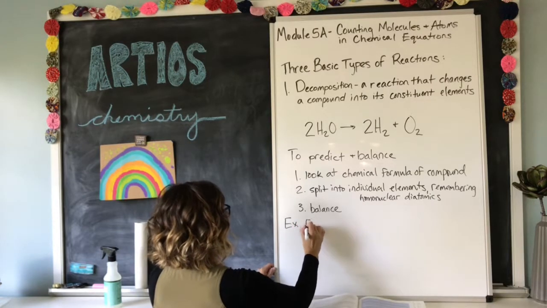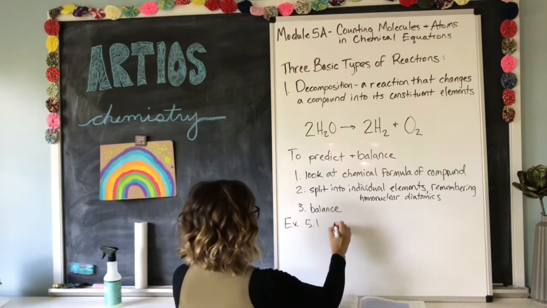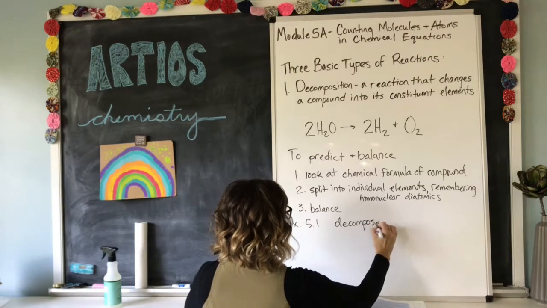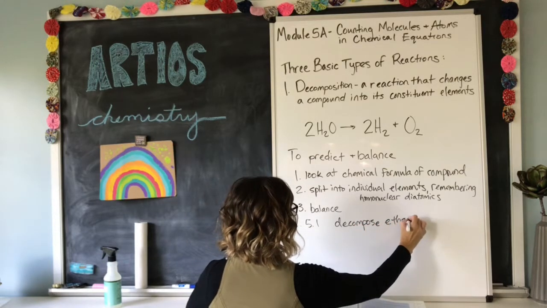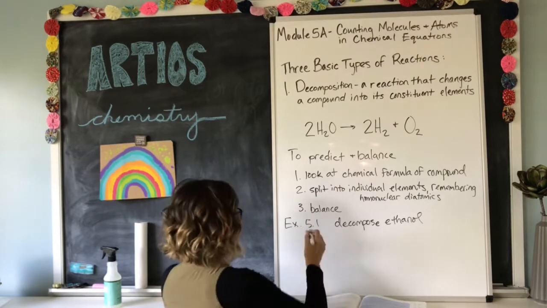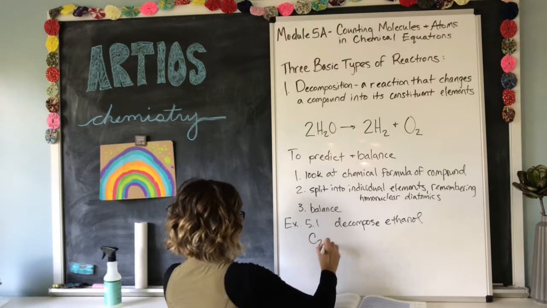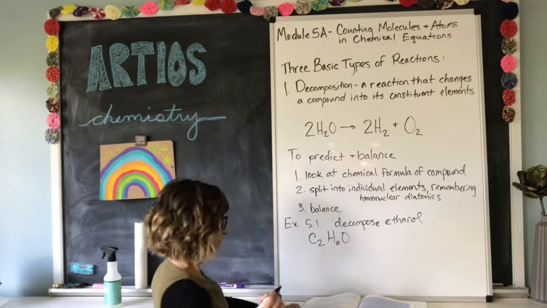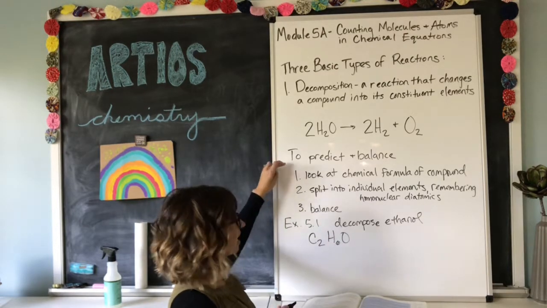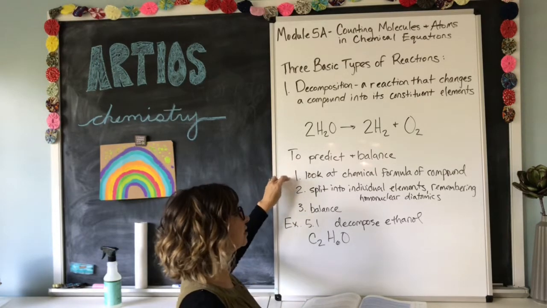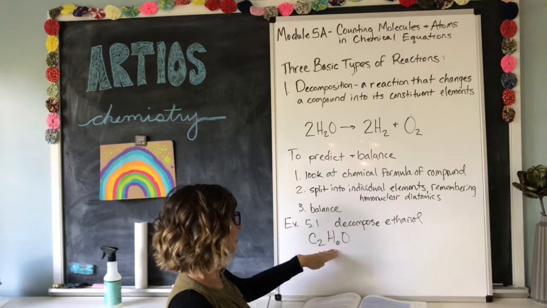We are going to be decomposing ethanol. All right, the chemical formula for ethanol is C2H6O. So the first step to predict and balance the decomposition of ethanol would be to look at the chemical formula of the compound. Here we have it.